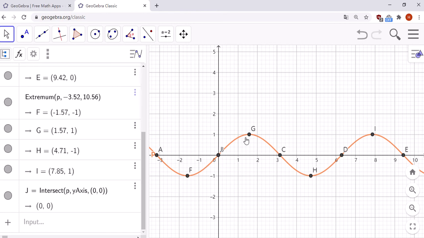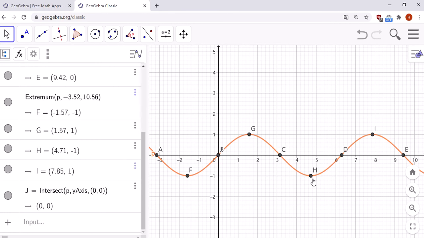G is (1.57, 1). This is pi over 2, this is 90 degrees. Here C is pi, 3.14, and 0. Here H is (4.71, -1).